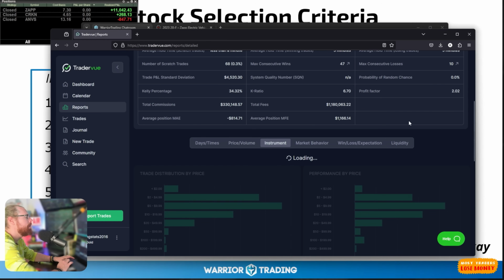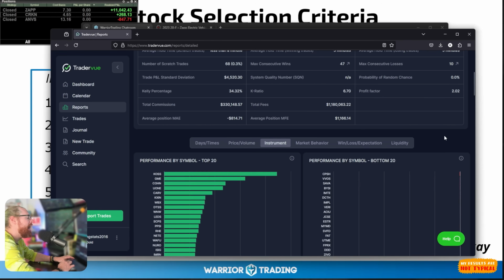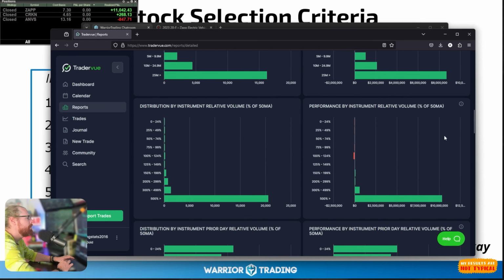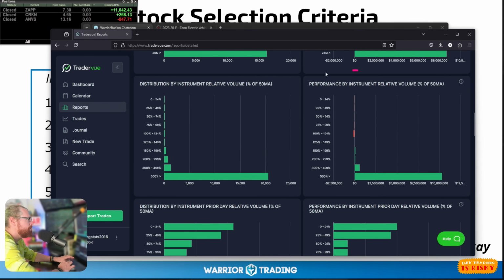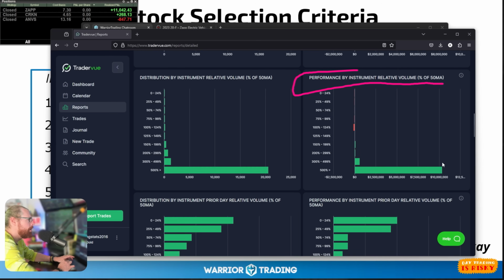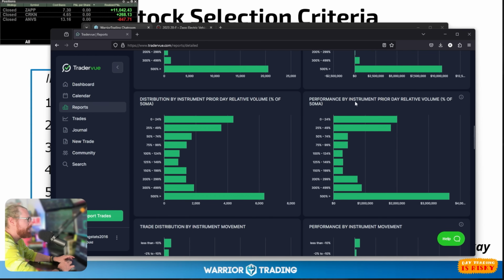What we'll see is that when I have a stock that has high relative volume, that's when I do better. This is performance by instrument relative volume right here. This is where you can see basically all of my profit is when the stock has 5 times higher volume today than average. Now, this area right here is actually where ZAPP is going to fit in.